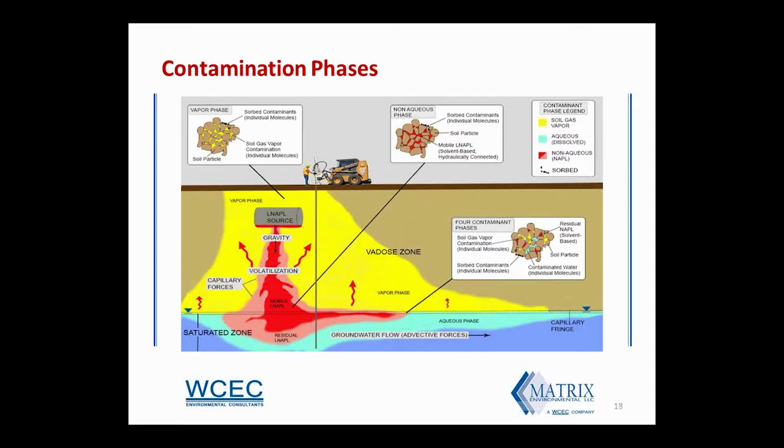In the bottom inset, we illustrate how all 4 phases of contamination may coexist in some areas of the site. So you can see here we've got little globules of NAPL here. There's some aqueous phase, there's some soil gas, sorbed contaminants, everything here all together.